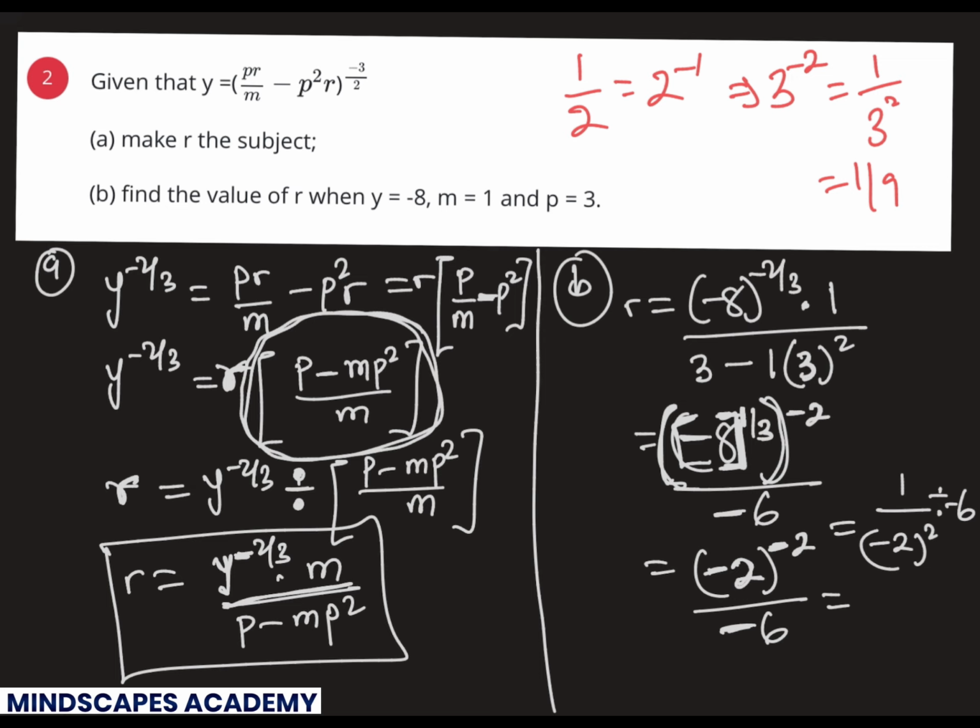Now that gives you what? -2 squared, you multiply -2 2 times, that is 4. So that is 1/4 divided by -6, which is divided by -6 over 1. Now when you change division to multiplication, you flip. So that is -1/24. So that's the value of your R.